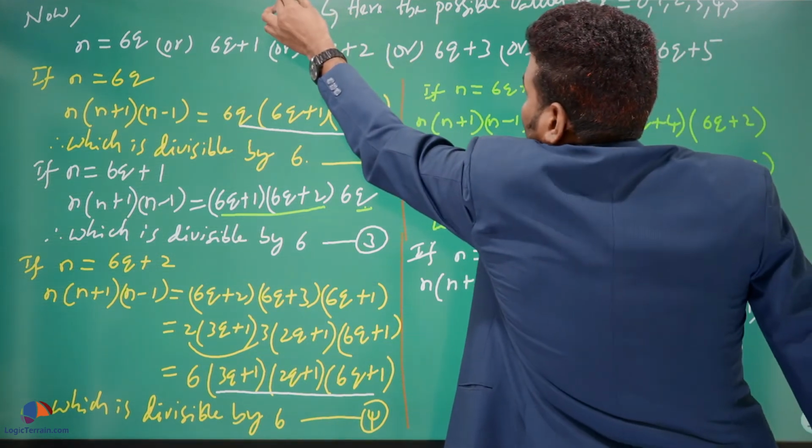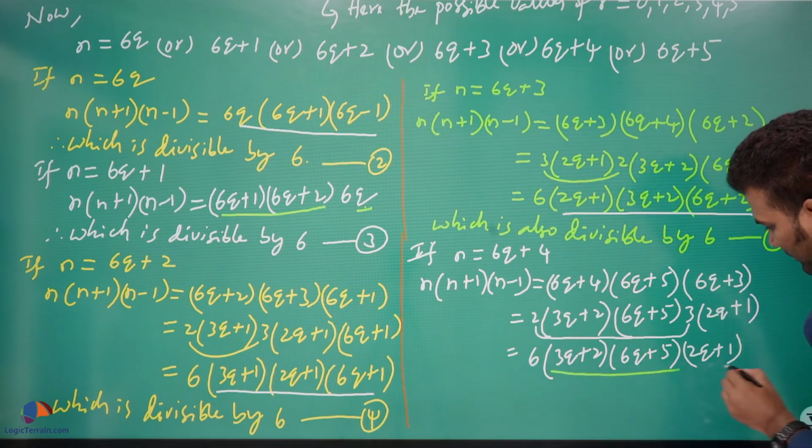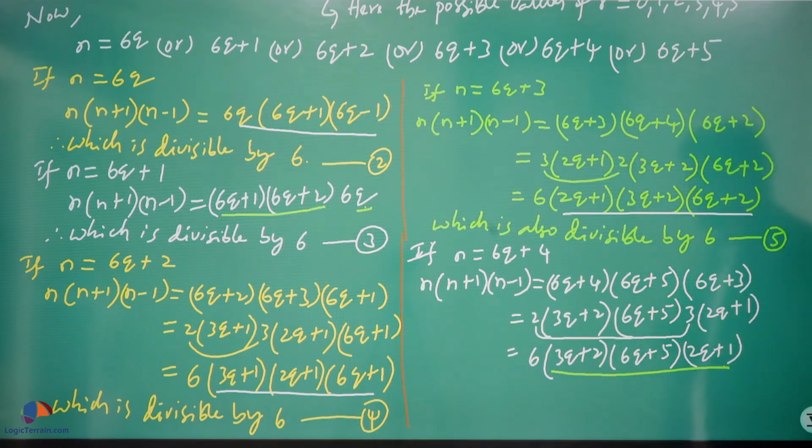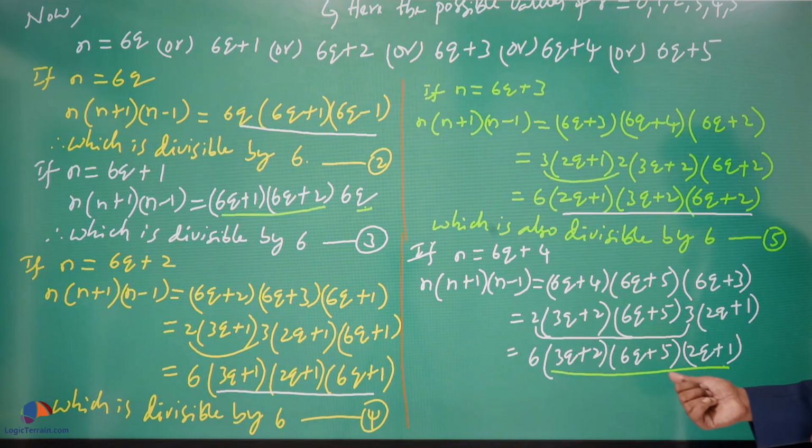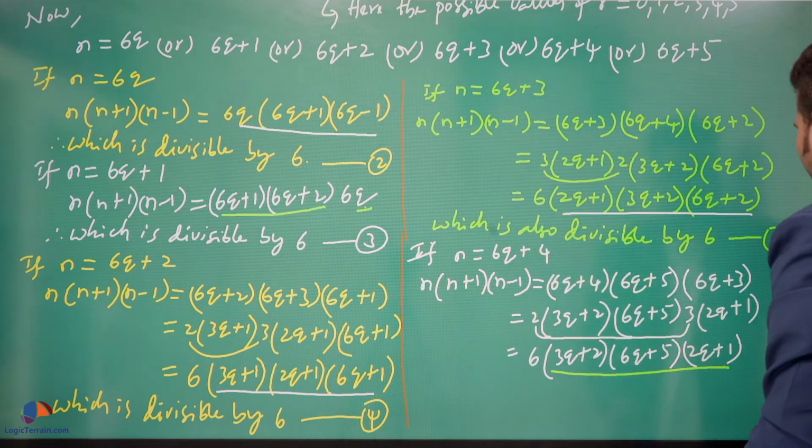So again you can clearly see 6 into something, so this is a multiple of 6, so which is also divisible by 6.